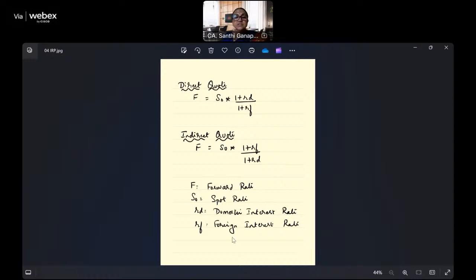Now, if you have noted this down, maybe we can do a problem in interest rate parity.